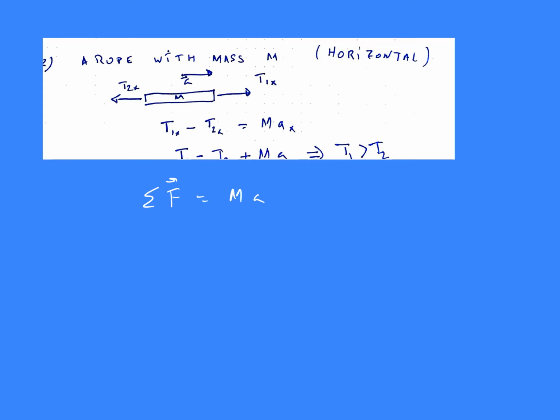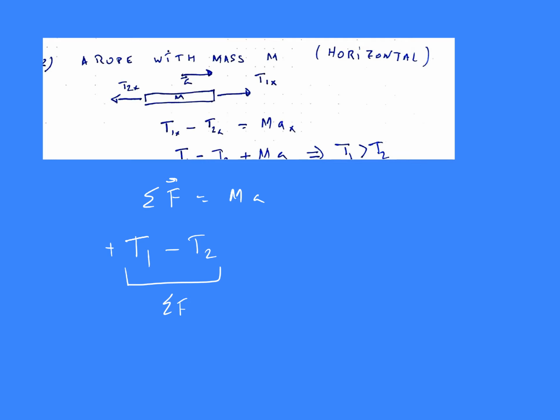So in this problem, all the forces are in the x direction. There is a force T1 in the positive direction, and a force T2 going in the negative direction, minus T2. So this is the sum of all the forces, because there are not any other forces acting on the body.